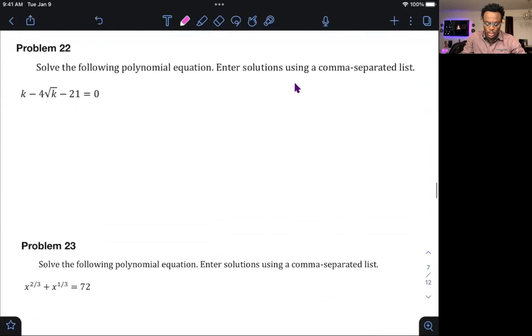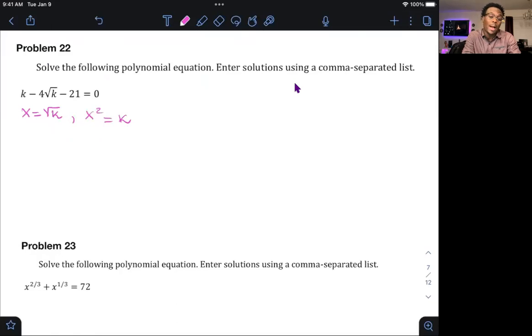Next problem, you would be using a change of variables to set this equation up and then go back to your original variable. So if I call x equals square root of k here, so that I can remove that square root in my equation, and by squaring both sides, I would have x squared equals k, because the square cancels the radical.